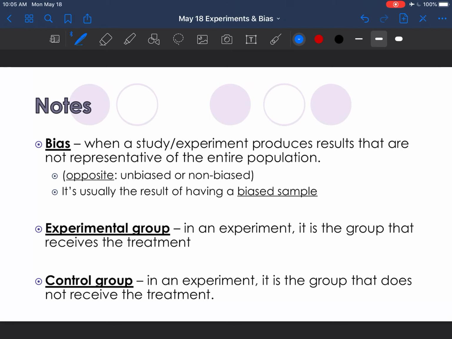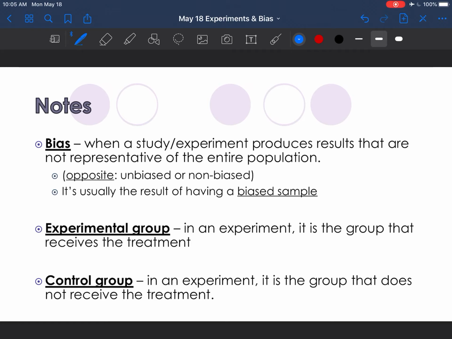The reason why you need both of them is because you need the control group in order to have something to compare it to. You need basically what is the normal, and then your experimental group is the group that you look at the results from and compare it to the normal to see, all right, did they do better or did they do worse?